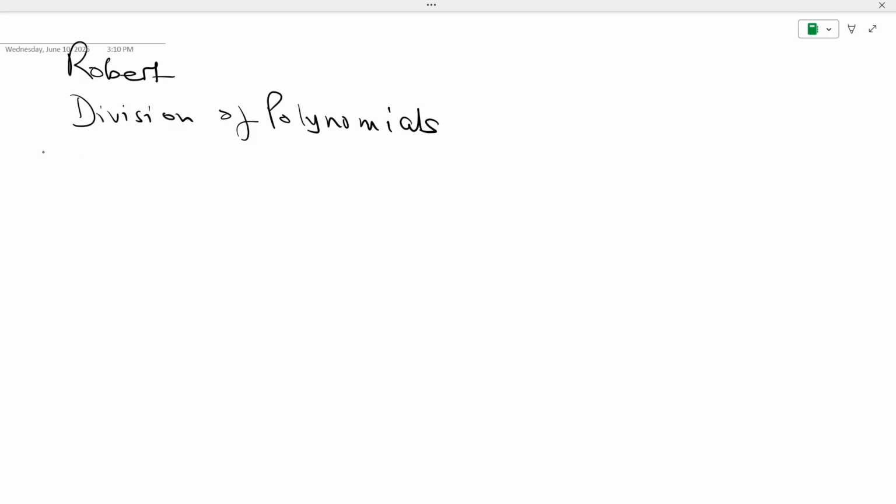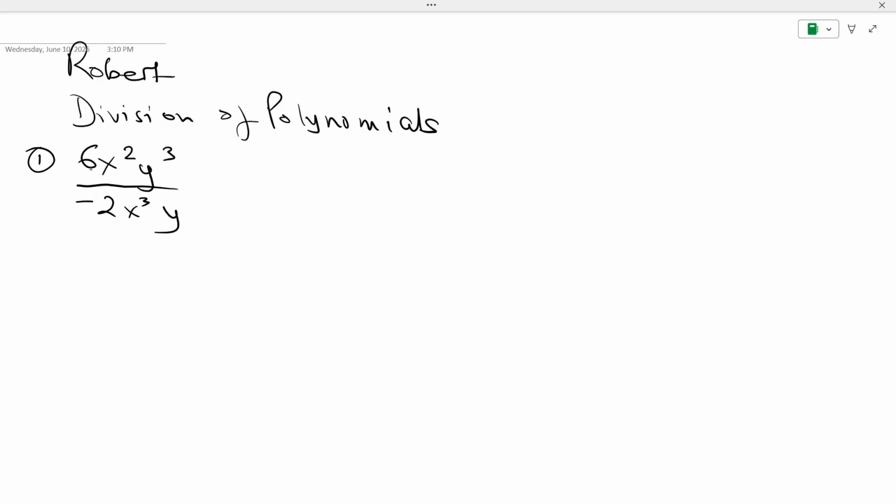Let's look at example number one. Let's suppose you are given 6x squared y to the power 3, and you're supposed to divide that by minus 2x cubed y.